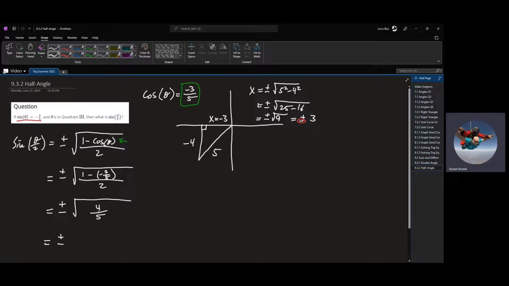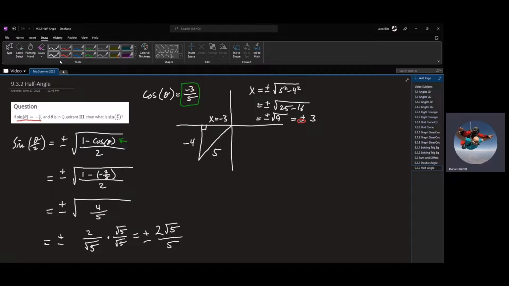Simplifying this even further, we can take the square root of the top part, which is 2. So we end up with 2 over square root of 5. Then we need to rationalize this by multiplying by the square root of 5 over square root of 5. And our final answer will be 2 square root of 5 over 5.